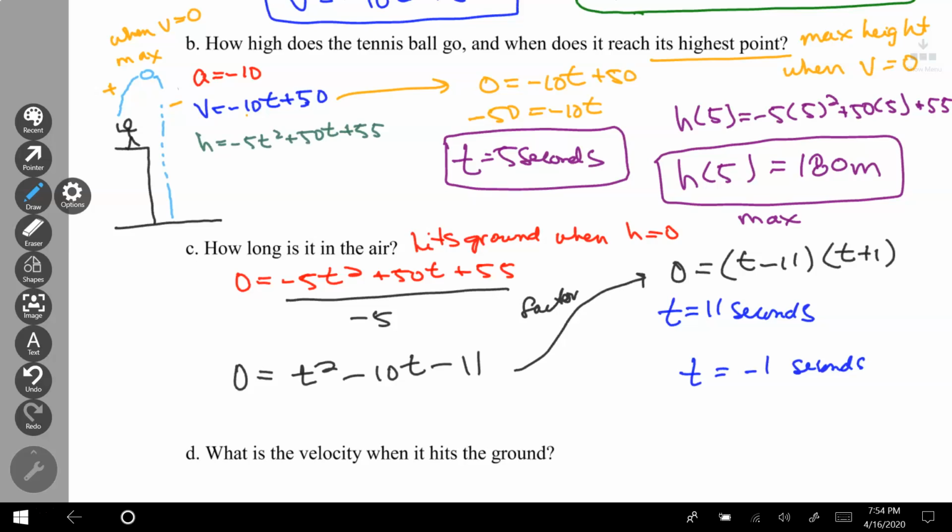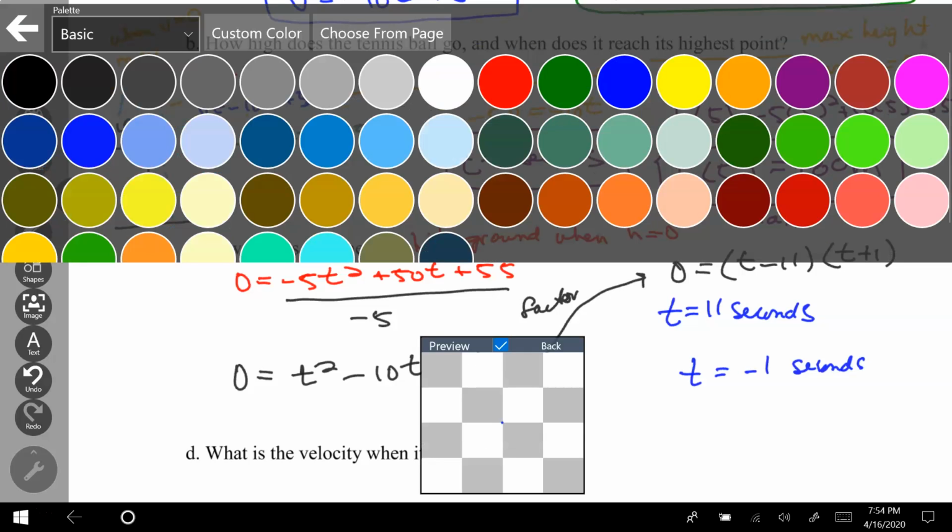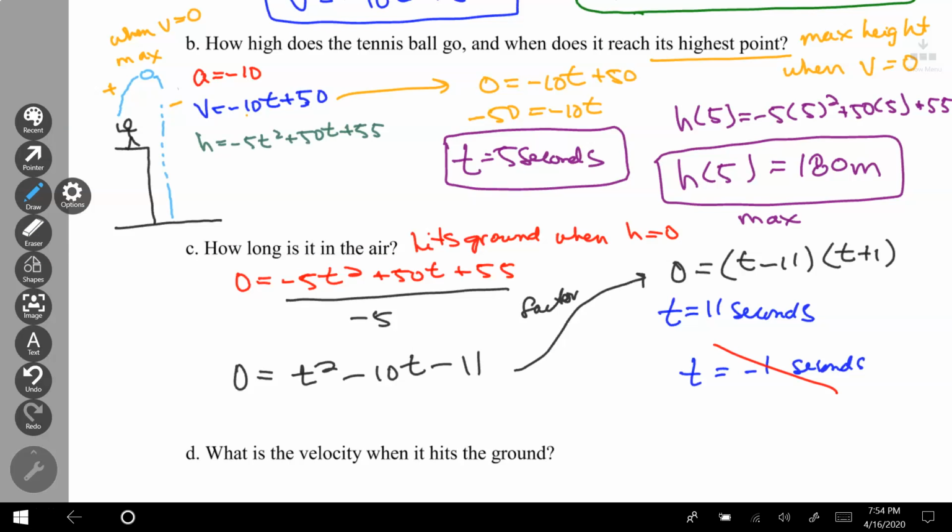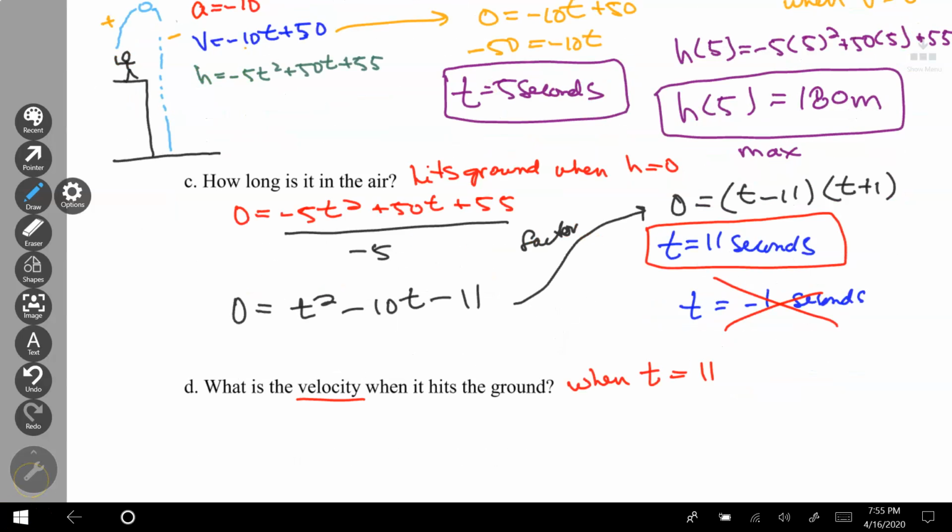And we all know you cannot go backwards in time. So my solution is it hits the ground in 11 seconds. So I want to know its velocity when it hits the ground. So I'm going to plug 11 seconds into my velocity equation.